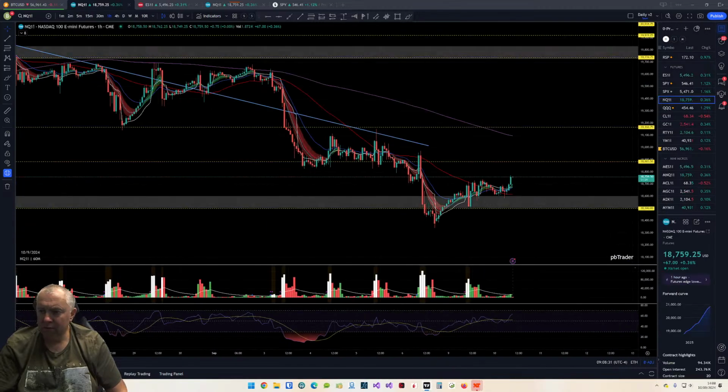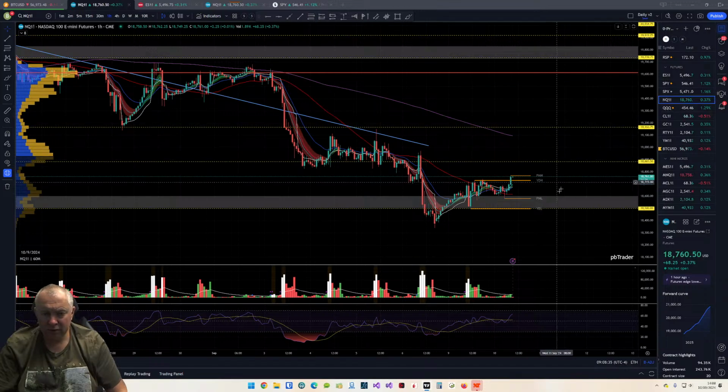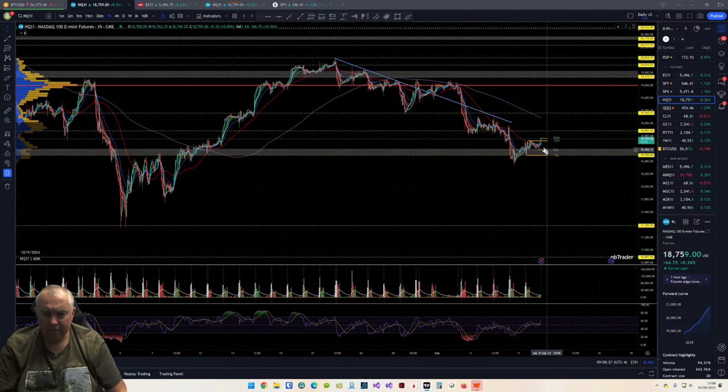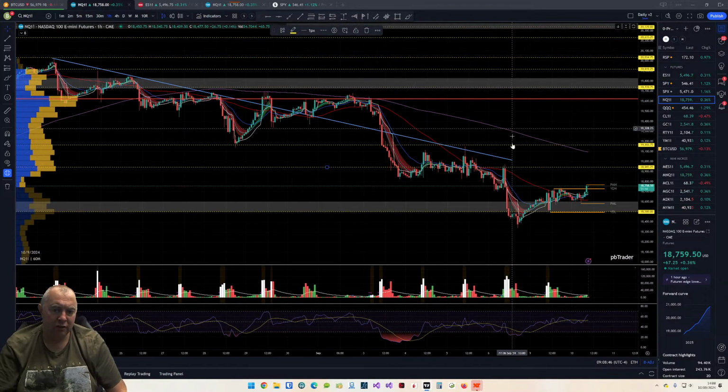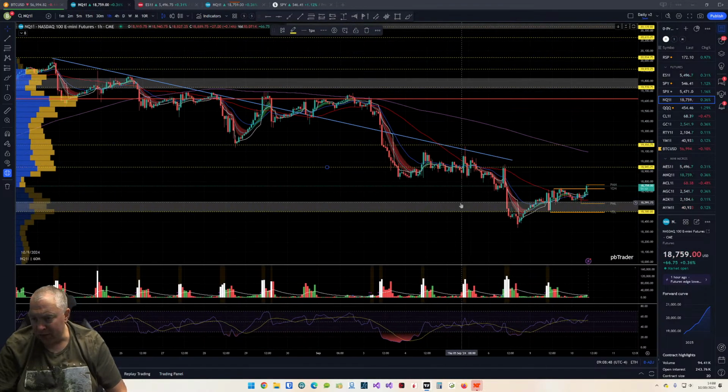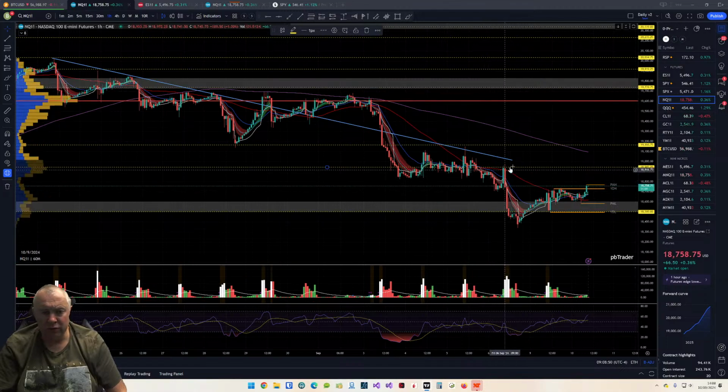NQ. Let's take a look at NQ. I'm going to move this pivot point here to that area there, because that's where we had our last reaction. So I quite like the rejection here at 18,945 to 18,950.